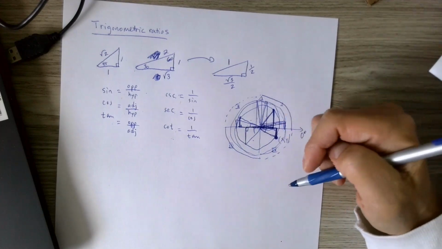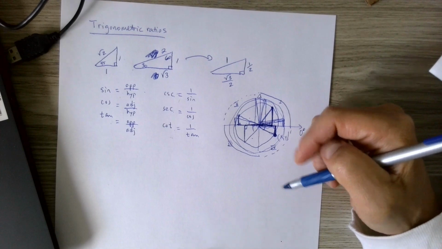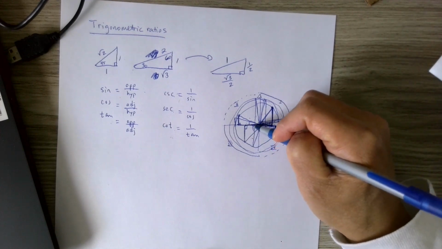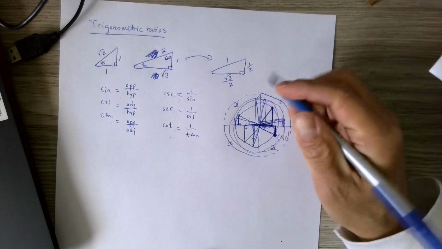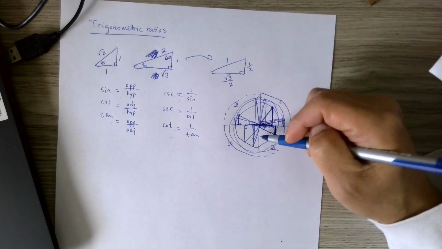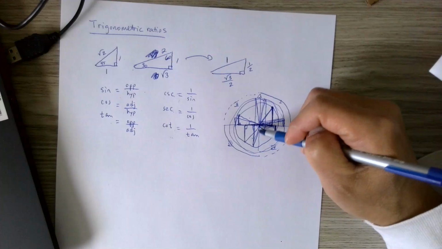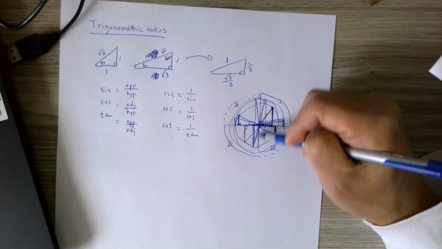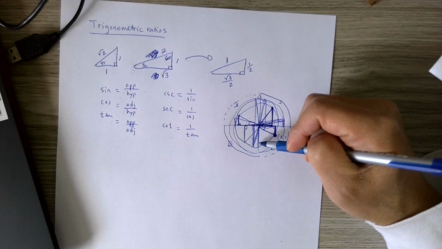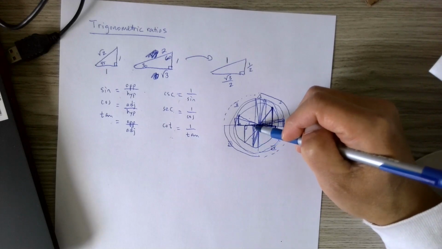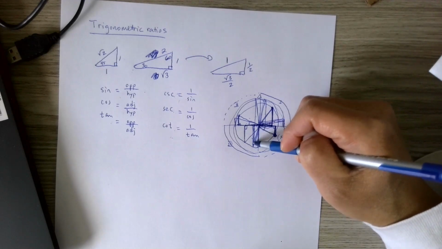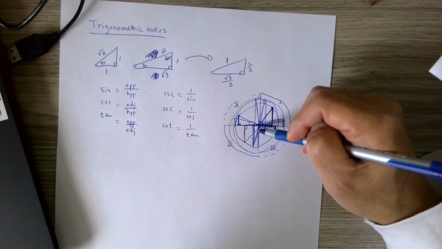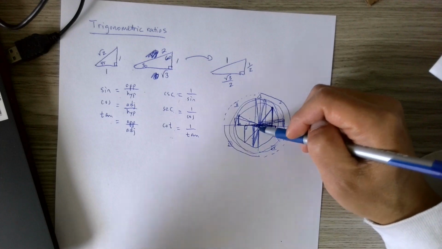And then we have the situation where you have an undefined value. I'll use a triangle like this, skinny one down in quadrant 3. So if this angle approaches the y-axis down here, the opposite side is approaching the same length as the hypotenuse, and the adjacent side is about to disappear.